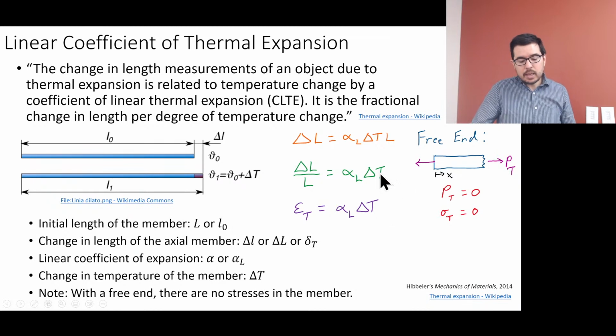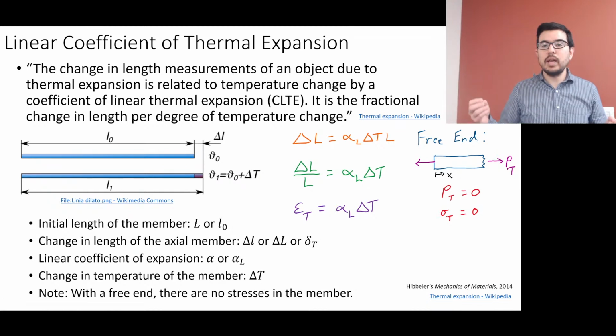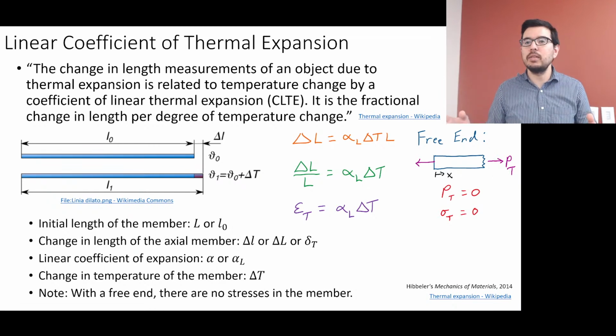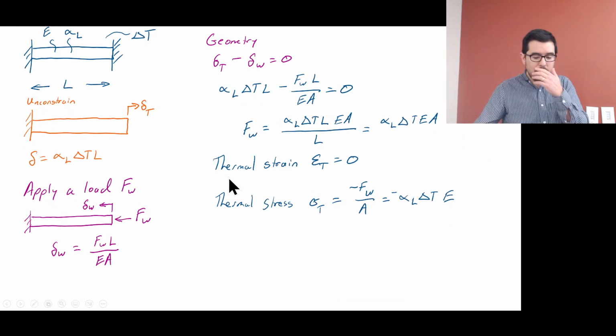And we discussed last time, if it's a free end, you have zero stress, but you do have strain. Okay? This thing has expanded if it's heated up or contracted if it's been cooled. And then we did a quick example at the end showing how we could figure out, using the method of superposition, how to push back on the surface or on the end, on the free end, to compensate for expansion.